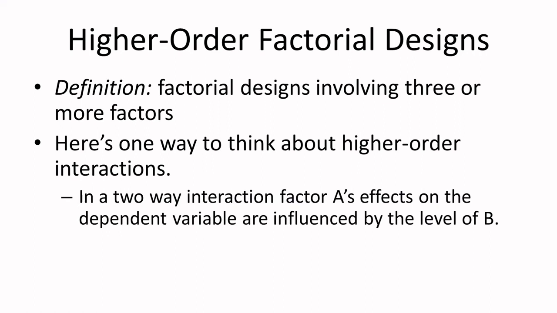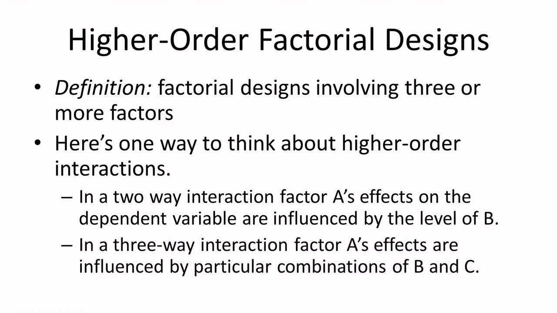So there are potential two-way interactions there, where the levels of factor A could have an influence on the levels of factor B. But then there's 3-way interactions and 4-way interactions, and however many factors you have, there could be that kind of an interaction.